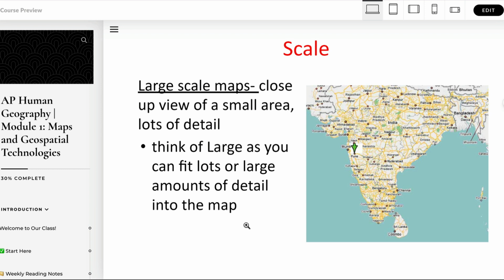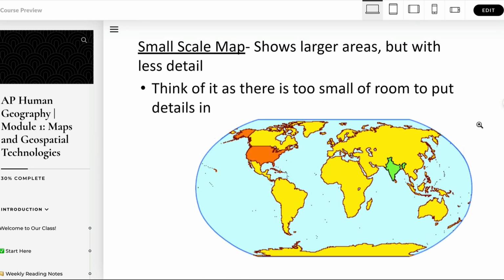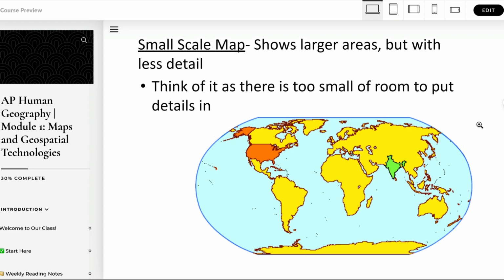Think of large or small as referring to the amount of detail. A large scale map is a close-up view of a small area with lots of detail. Small scale, on the other hand, shows a large area but less detail. You could think of it as there's too small of room to put details.